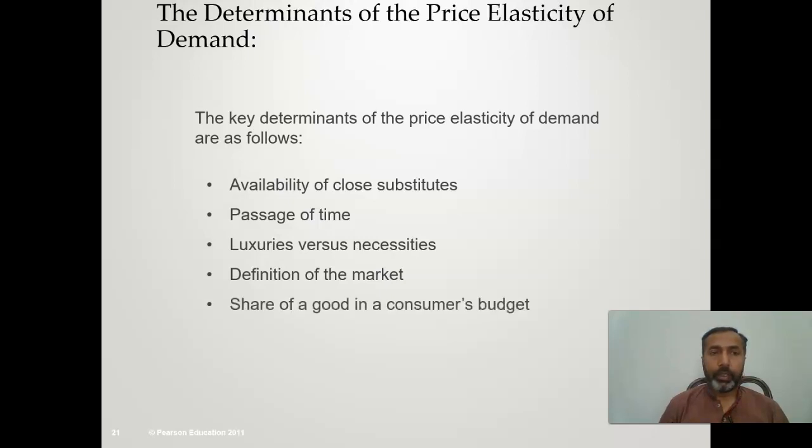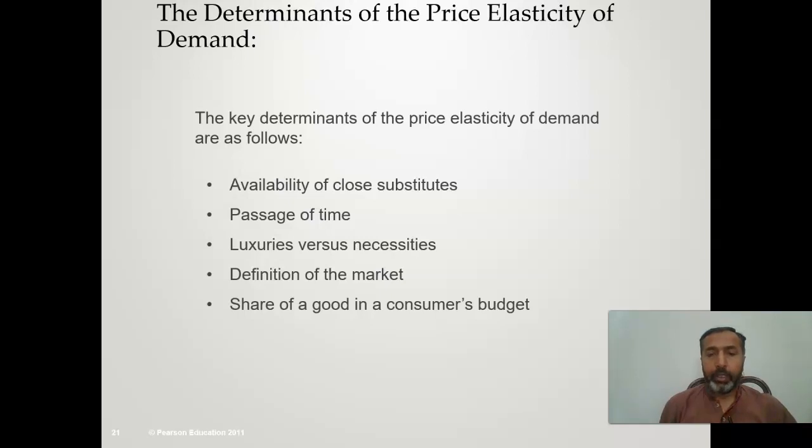Our last factor of determinants of price elasticity of demand is share of a good in a consumer budget. A consumer uses different types of products. For example, he has to pay the rent of his house, he has to pay the education fee of his children, he has to pay for petrol expense, he has to buy grocery, he has to buy some chocolate. Now, every product has a proportion in the income of a consumer.